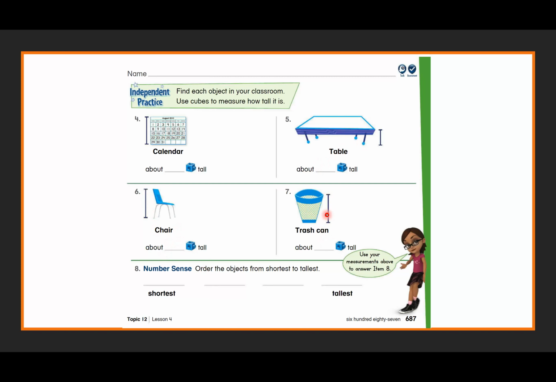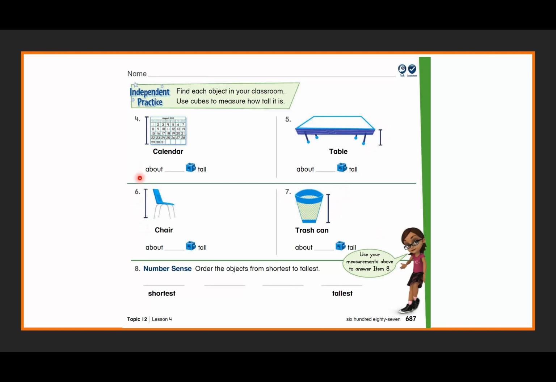Okay, now question number 8. Order the objects from shortest to tallest. Now you have 4 objects over here: calendar, table, chair, and trash can. Now which is the shortest one? You will write here. And then slowly it will get taller and taller, because here you see everywhere we are measuring the height.